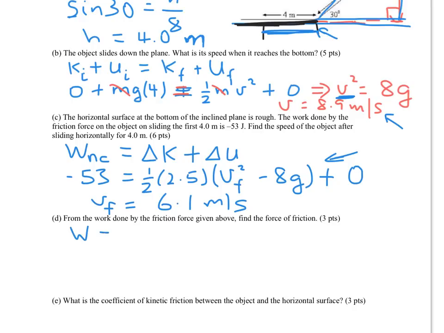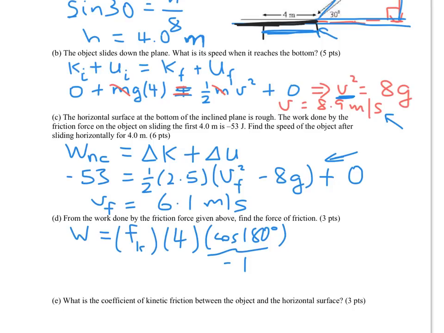So for the friction force, you just use the force of friction, which you do not know, so it's F sub k, it's kinetic after all, times the distance, which is 4 meters, times the cosine of the angle between them. Now in friction, the angle between the friction force and the displacement is always 180 degrees, and cosine of 180 degrees is equal to -1.